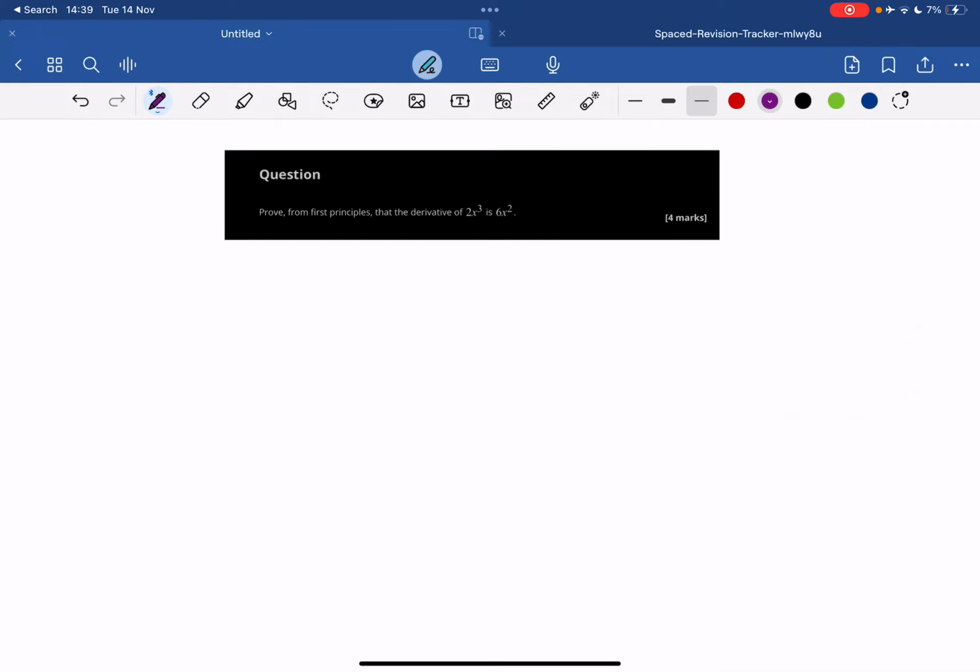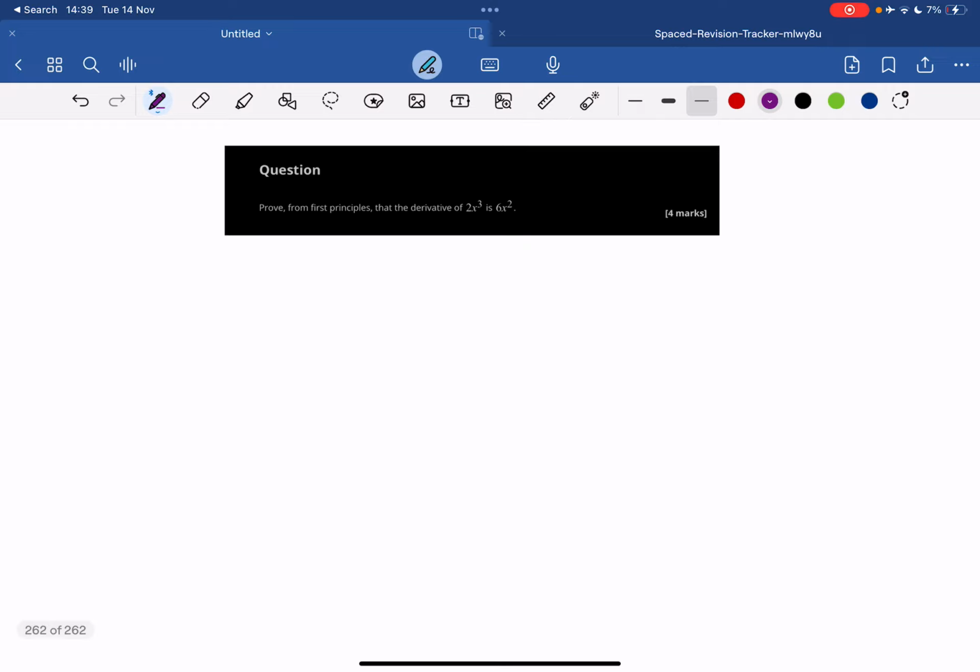So today I'm going to be going through an AS Year 12 differentiation question, but this time a very specific one, from first principles. Now, as an exam question, certain words should prompt certain formulae, certain methods.